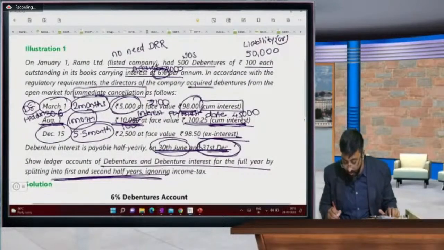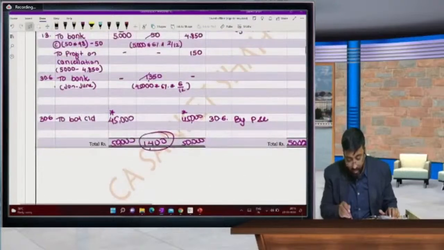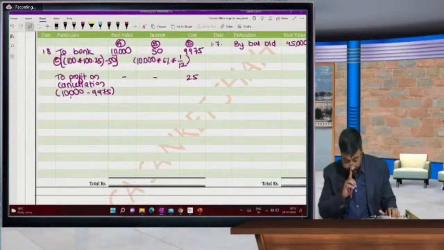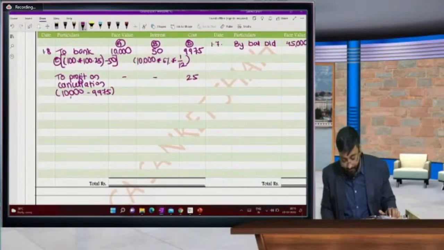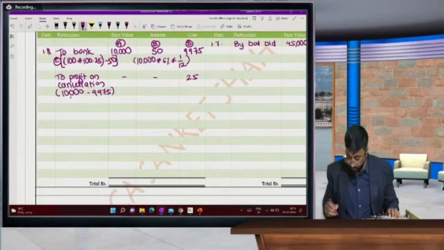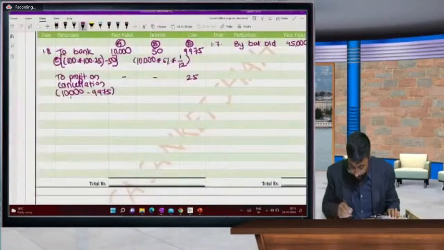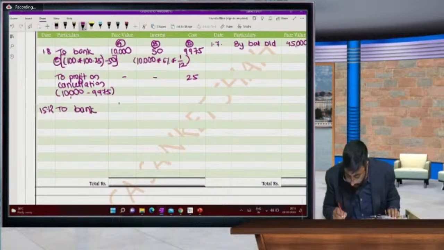Beta, we already paid interest amount on 30th June to bank. You can see here, to bank. We already paid interest. Who is asking me this question? Yogita Deora. December 15, to bank.